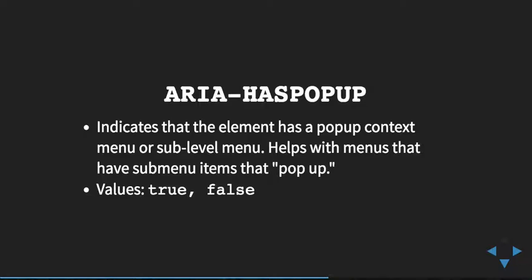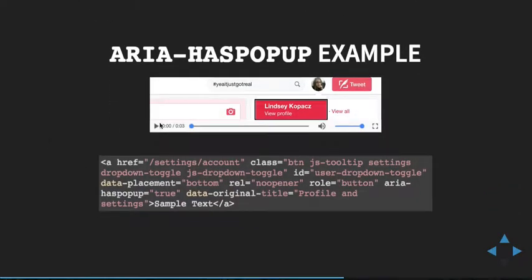I always got this confused because expanded to me also implies that something pops up, but expanded is more about the state of it, if it is expanded or collapsed, and ARIA has pop-up is more about the property itself. So this is also a Boolean, and you might have heard it in the Twitter example, but Profile and settings pop-up button. You are currently on a pop-up button.